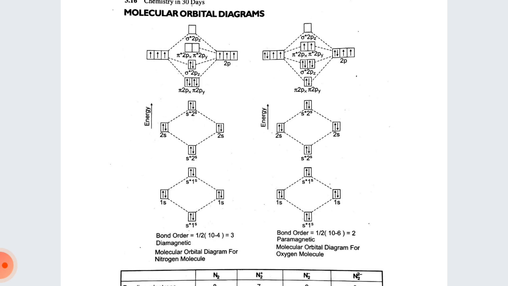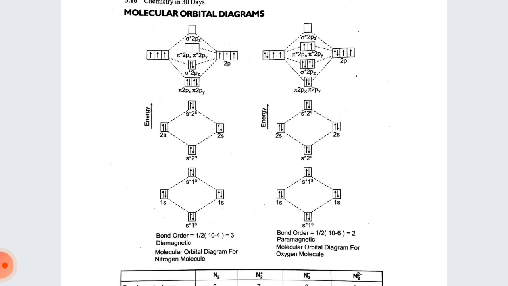Then the highest orbitals, pi 2px and 2py bonding molecular orbitals, have 4 electrons. Then in sigma 2pz there are another 2 electrons, but the antibonding molecular orbitals pi star 2px, 2py and sigma star 2pz have no electrons.